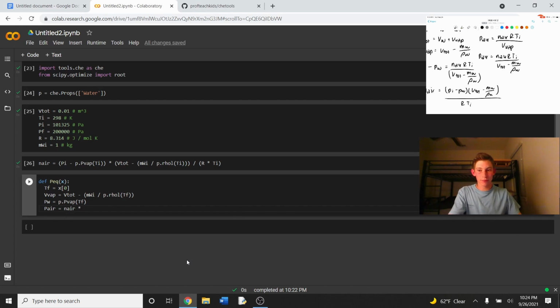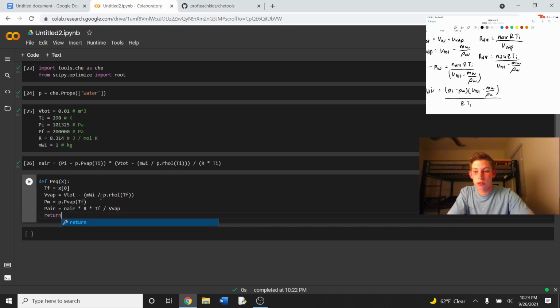So the pressure of air equals the moles of air times the gas constant R times our final temperature divided by the volume of the vapor phase, which we can just keep because we defined it here.